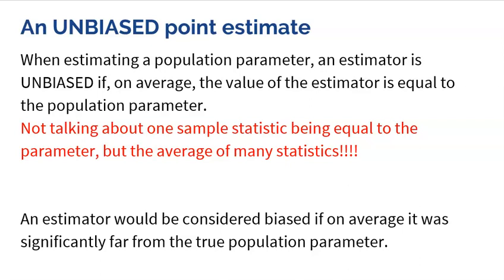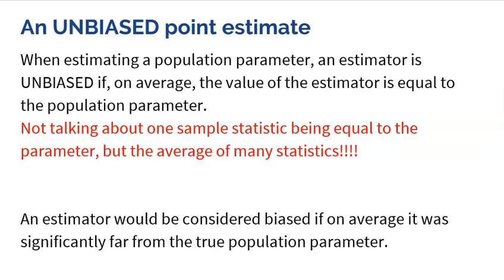To figure this out, if you want to be unbiased, you have to think of it this way. When estimating a population parameter, an estimator is unbiased if, on average, the value of that estimator is equal to the population parameter. Now, I'm not talking about one sample statistic being equal to the parameter. I'm talking about the average of many statistics. So the idea here is we're talking about on average, right?